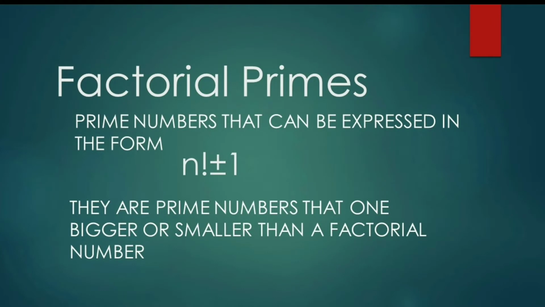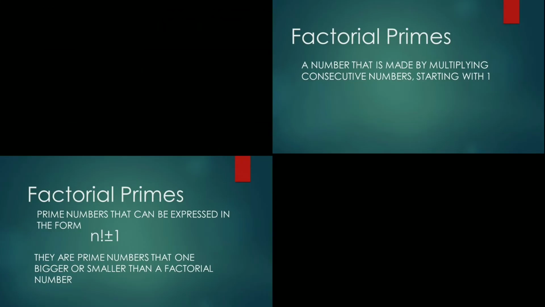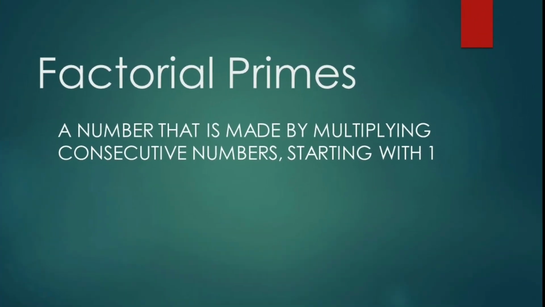Factorial primes are prime numbers that can be expressed in the form n factorial plus or minus 1. They are prime numbers that are 1 bigger or smaller than a factorial number. A factorial number is a number that is made by multiplying consecutive numbers starting with 1.